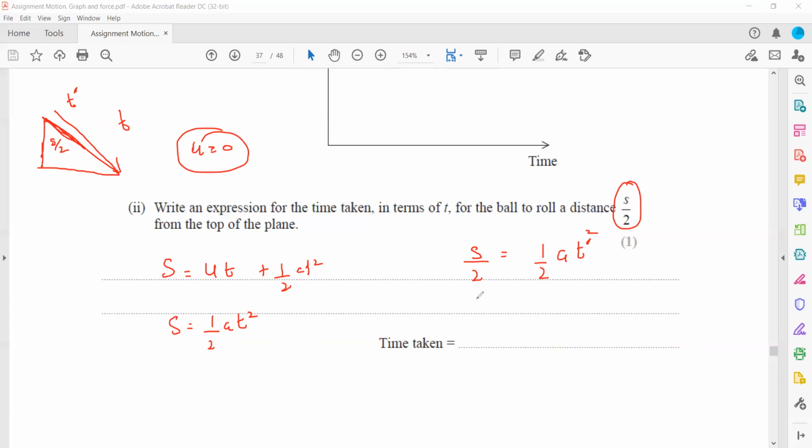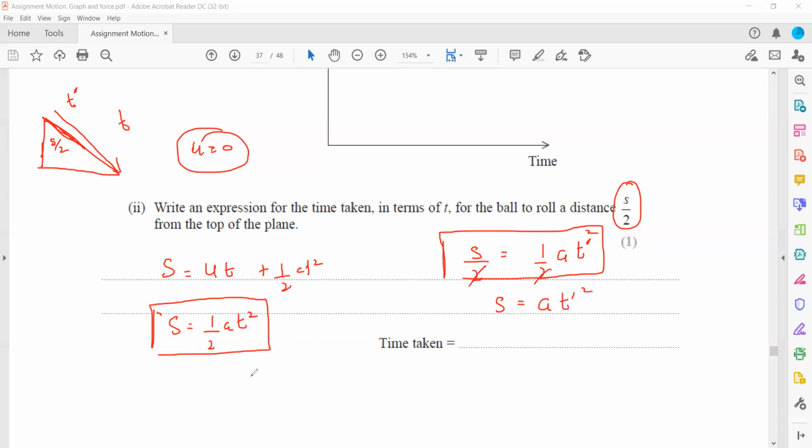We'll compare the two values from each other, this is for the total and this is for the half. If this 2 is divided, the other side will be multiplied, so this 2 will cancel with 2. So it will be s is equal to a t dash square.